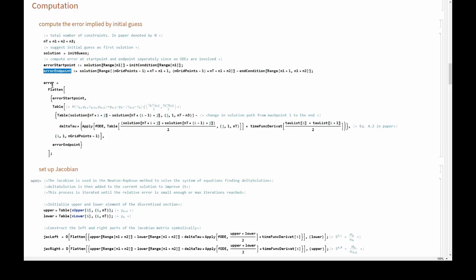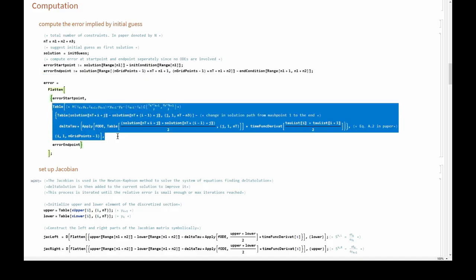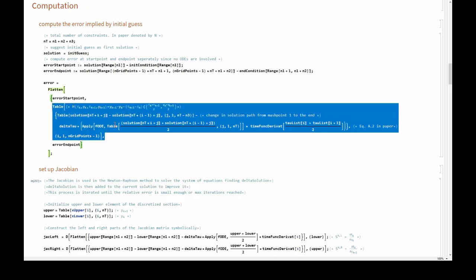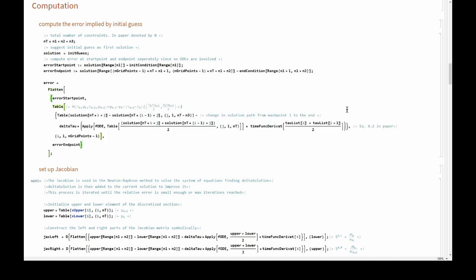So far so good. The involved bit is now the in-between errors, so everything between 1 and the last one. Good, and this is what this chunk here is. This chunk directly associates to what we see in the slides, or also the appendix of the paper, as equation A2.